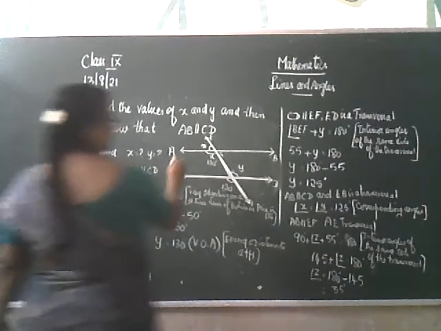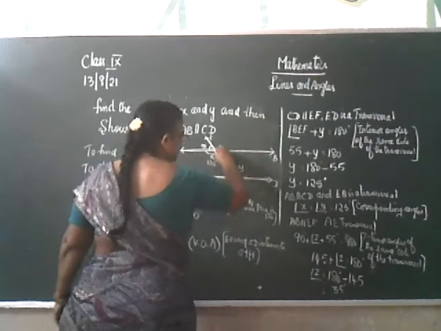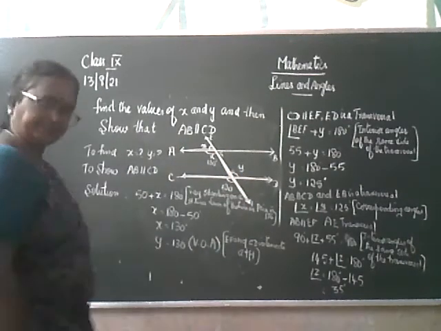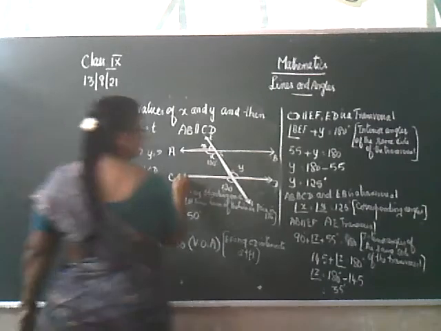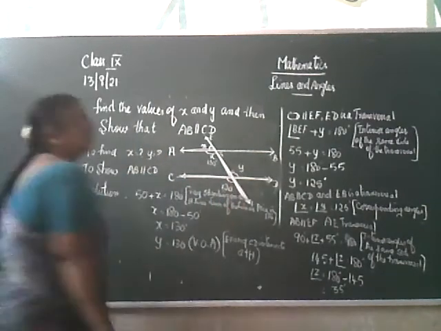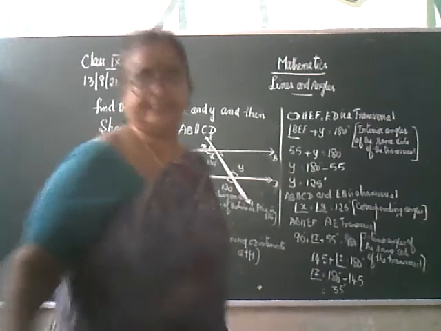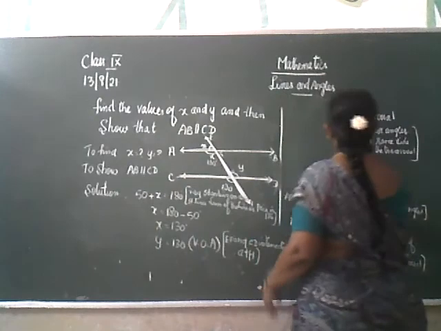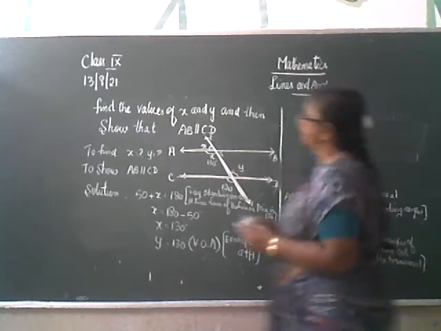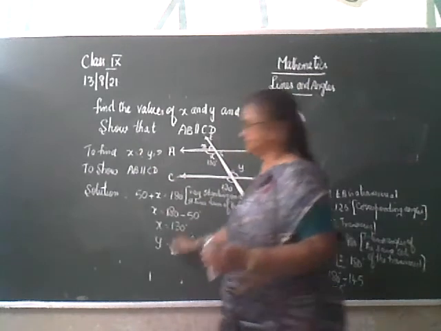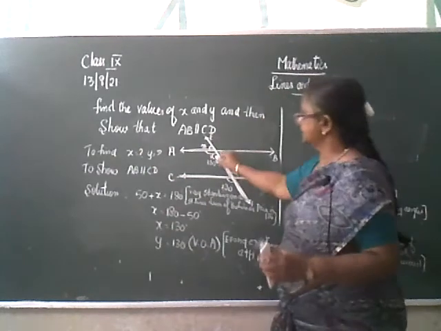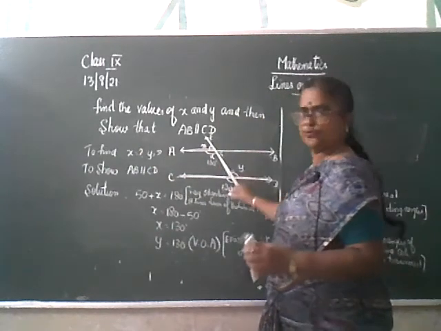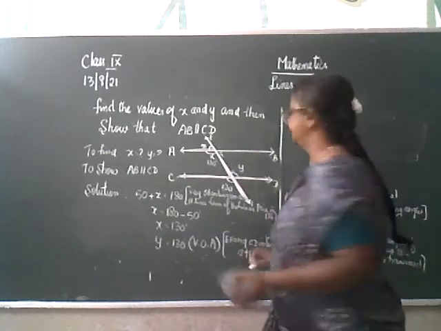So if I consider AGH, that is 130, then CHF is also 130. So now I have found out x and y, isn't it? X is 130, Y is also a vertically opposite angle, 130.